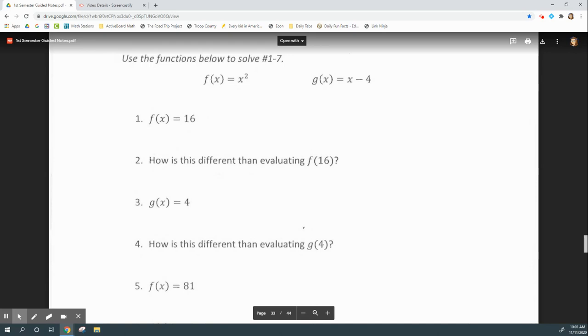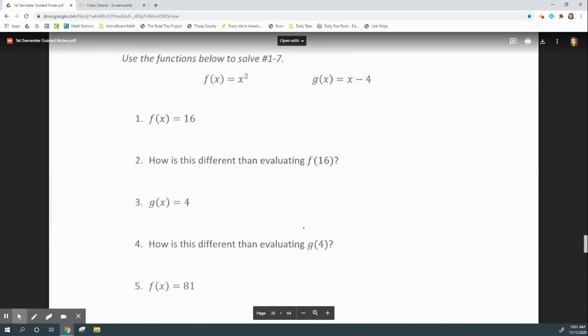All right, so this one says f of x equals 16. So do we know what x is? No. If we don't know what x is, can we plug anything in for x? No. So we're taking f of x, which is right here, and we're saying we know that this f of x equals what? What is f of x?